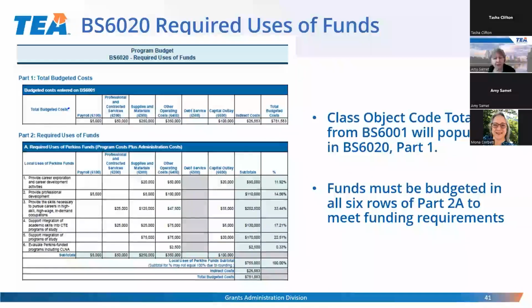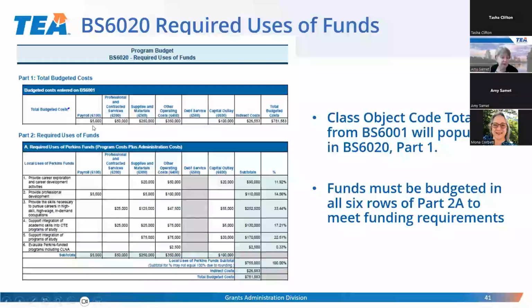Class object totals from BS 6001, the budget summary, will auto-populate in this part 1. So you see that under payroll, the LEA had entered $5,000 in that class object code.